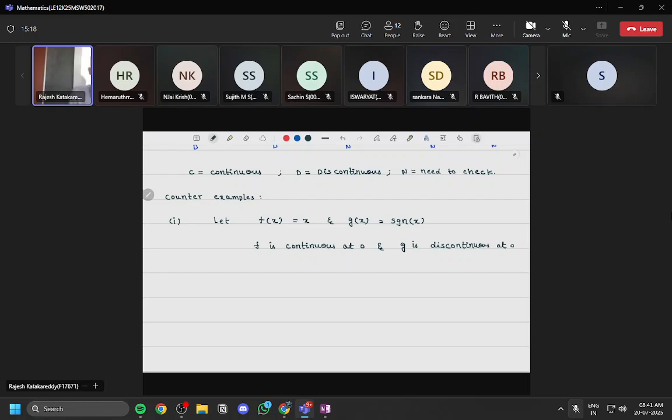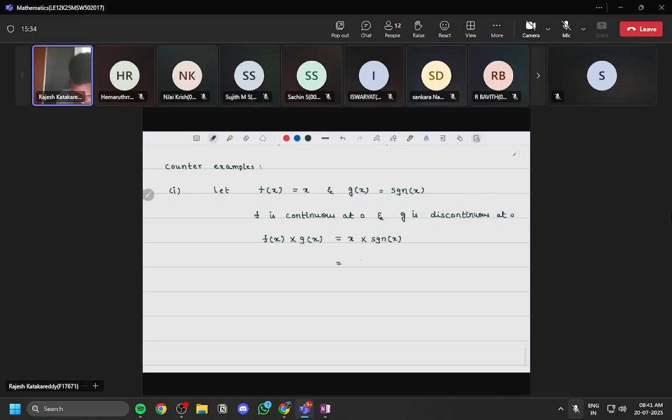If I multiply them, what am I getting? f of x into g of x will be equal to x into signum of x here. If I use the definition of signum x, I'll have minus x when x is less than 0, 0 when x is equal to 0, x when x is greater than 0. Now if you check the left hand limit at 0, how much are we getting?